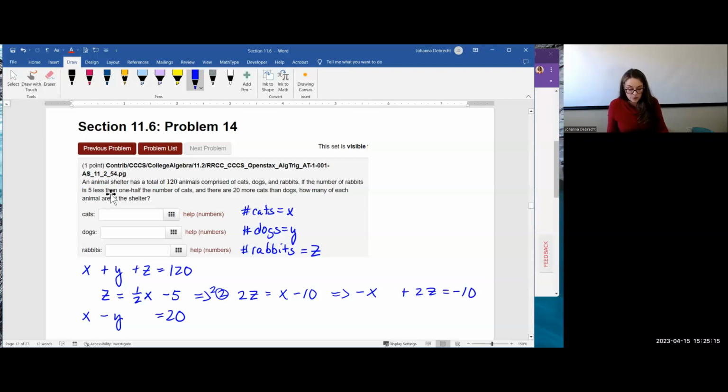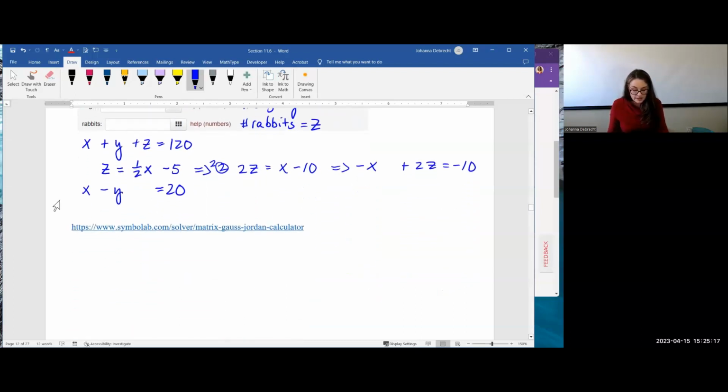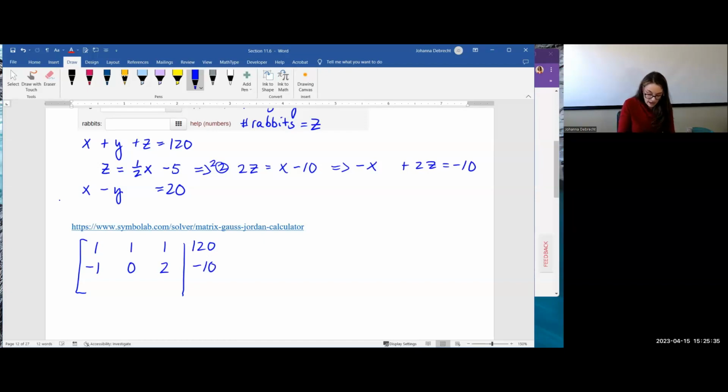So now when we put it into our augmented system to solve it, we should have as row 1, 1, 1, 1, 120. And in row 2, we should have negative 1, 0, since there's no y term, 2, negative 10, and then 1, negative 1, 0, since there's no z term, and 20.